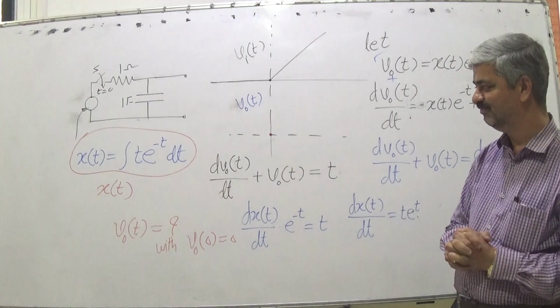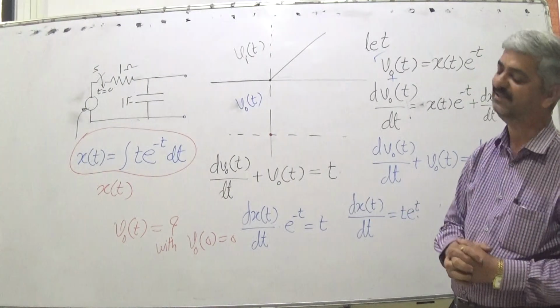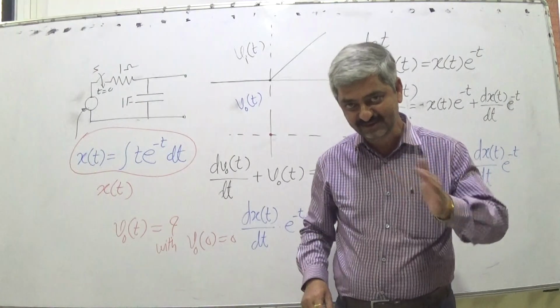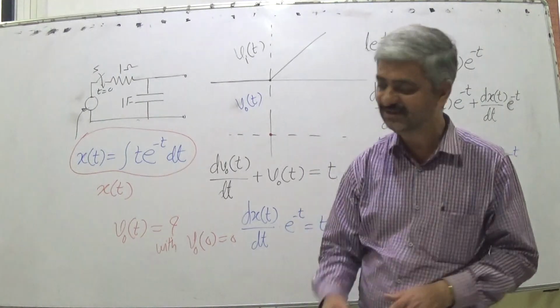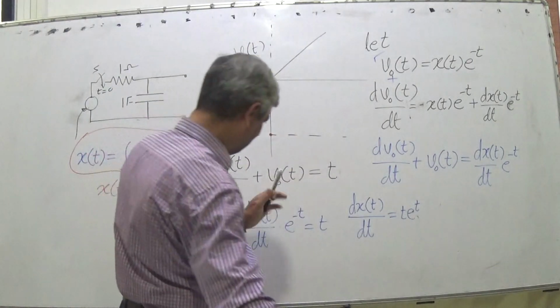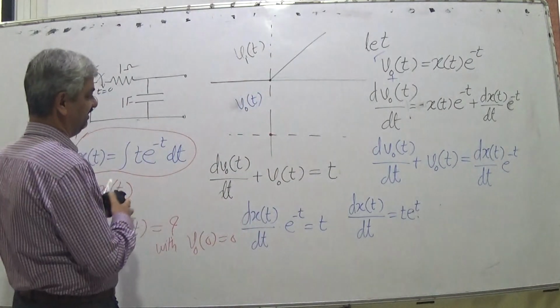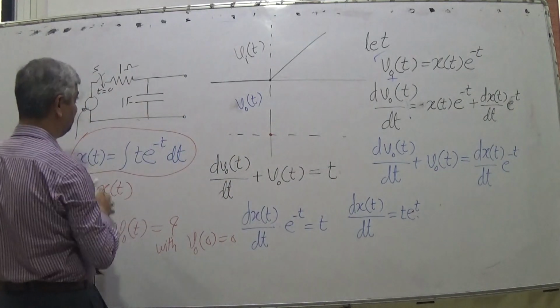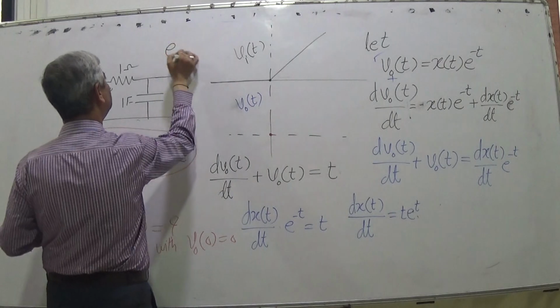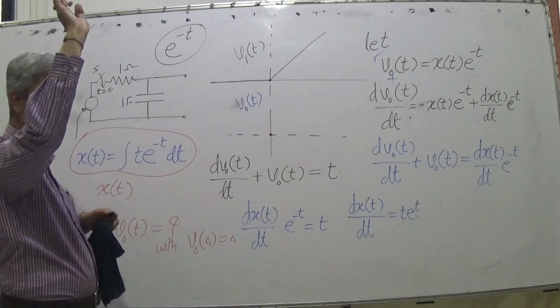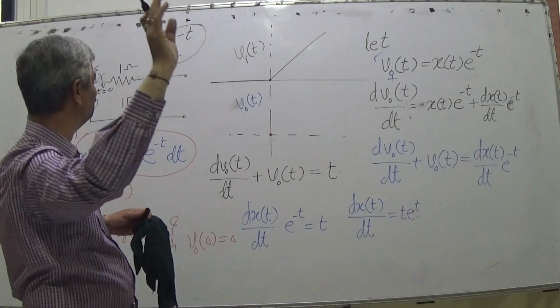You may or may not succeed. If you don't succeed, try with the hint. I am not claiming this is the answer. For this differential equation, for this circuit, always use e raised to minus t somewhere in the solution.